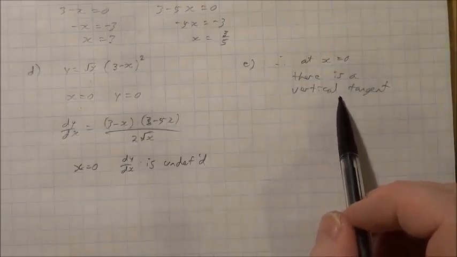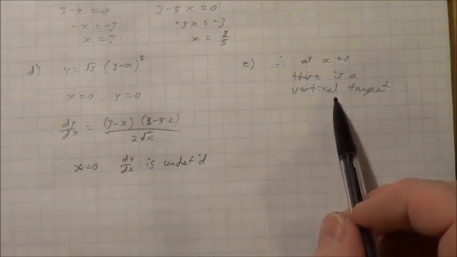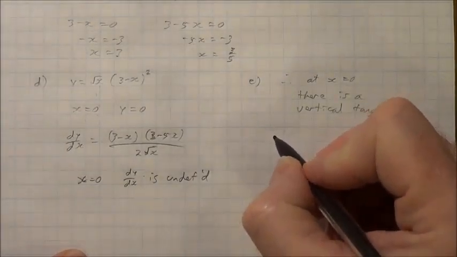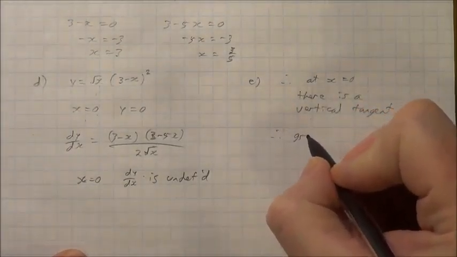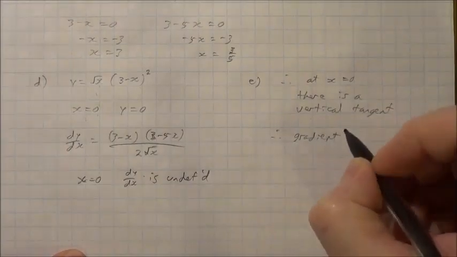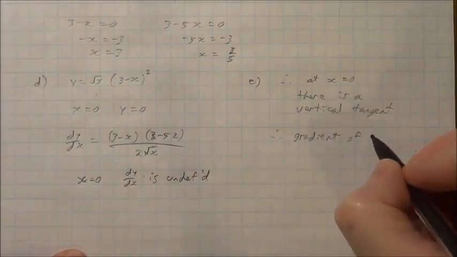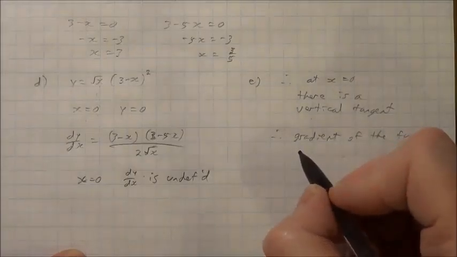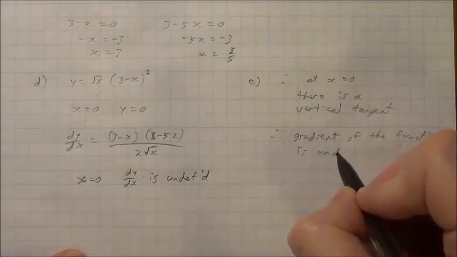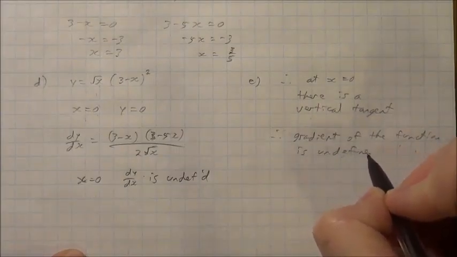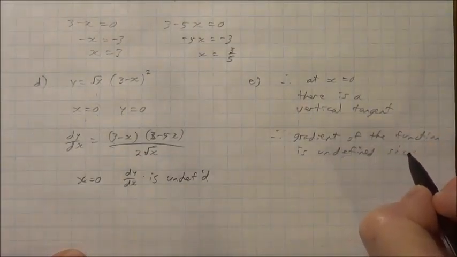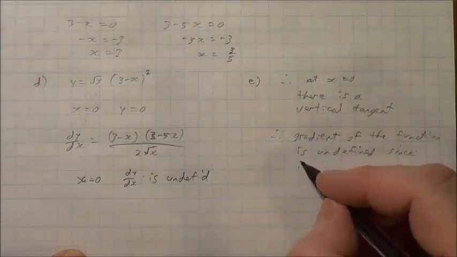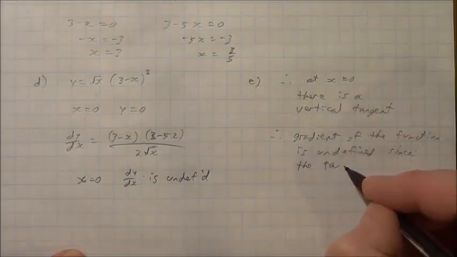The gradient of a vertical line is undefined. So since there is a vertical tangent, the gradient of the function is undefined, since the tangent is vertical.